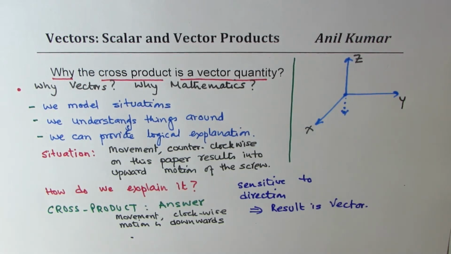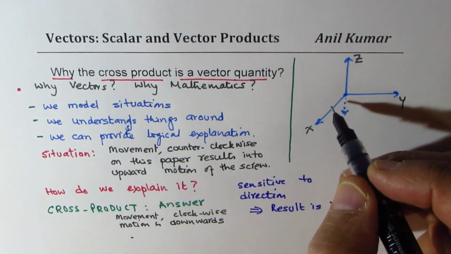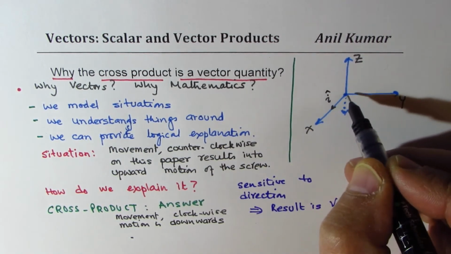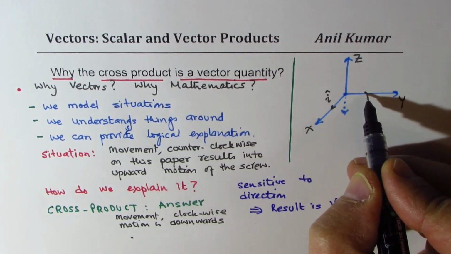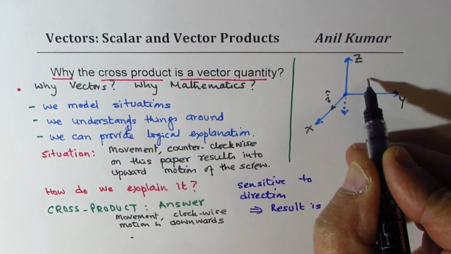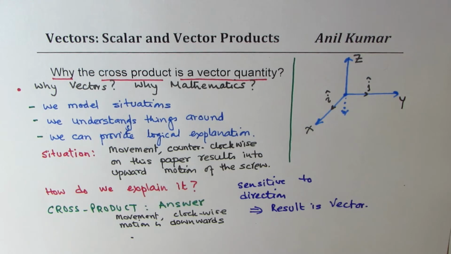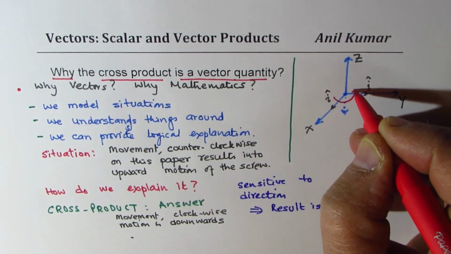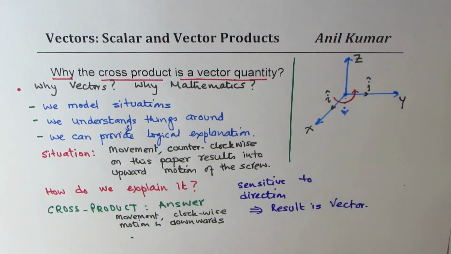And now see how things come together. Let us introduce, let's say, i is a unit vector in the direction of x, j in the direction of y. Now if I do a counterclockwise movement, then what is the result? Well, the result is that the screw moves up.